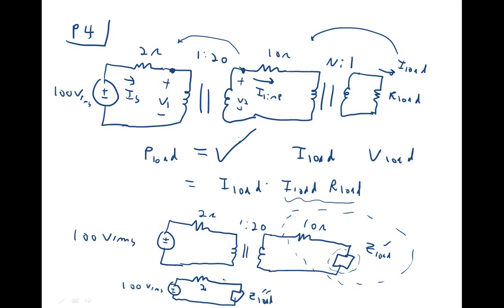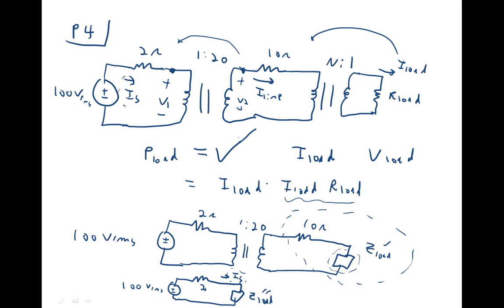And so now, Z load double prime is going to be a function of N. And I can use this to develop an expression for IS. That's a function of N, because I can take 100 volts divided by the sum of 2 and Z load double prime. So this IS is going to be a function of N that was derived based on reflecting impedances.